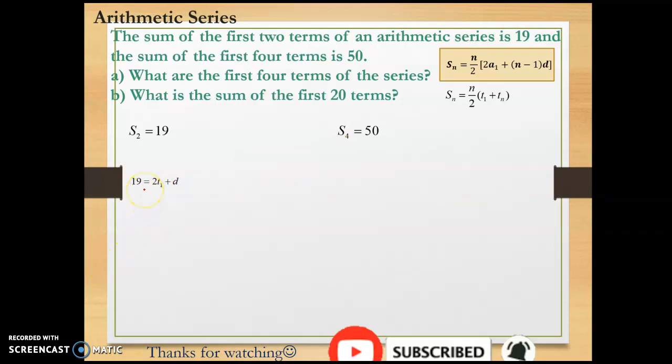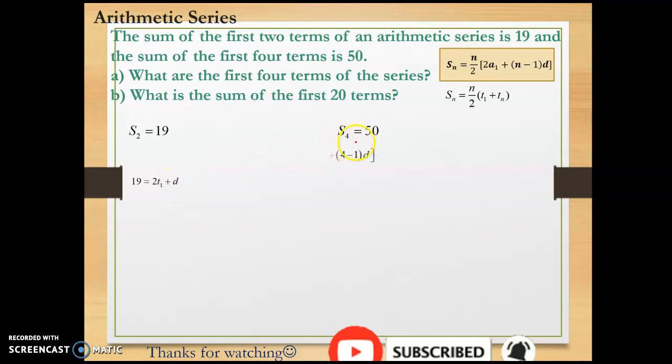So this is the sequence. 19 is equal to 2t sub 1 plus d for this one, since this is the sum of your first two terms. So S sub 2, 19, is equal to n over 2, which is 2 over 2, so it becomes 1, since there are two terms only, and then 2t sub 1 plus d.